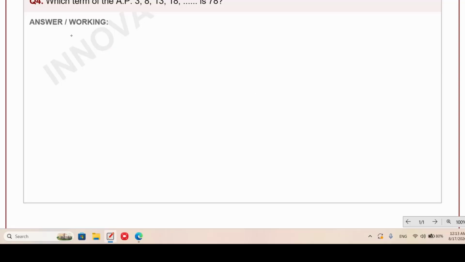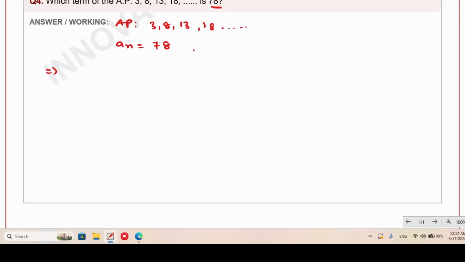Now this is which term of an AP? AP is given: 3, 8, 13, 18. Okay, this is AP. Which term of this AP is 78? Which term means AN. So AN is 78. Now put the formula.